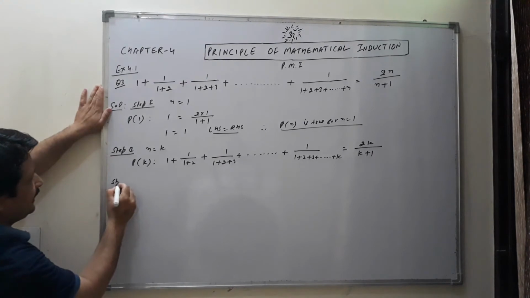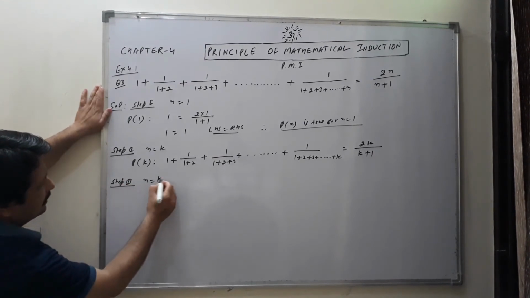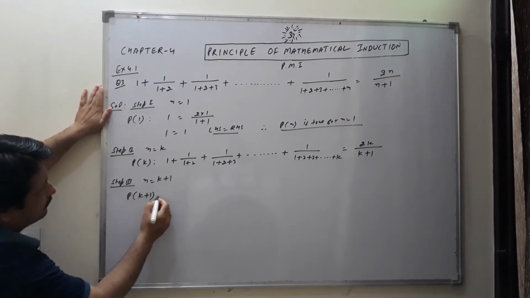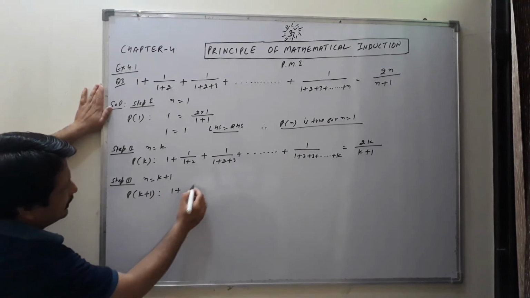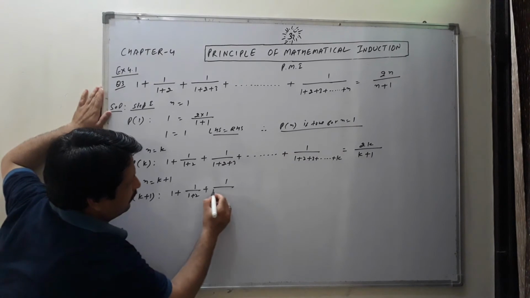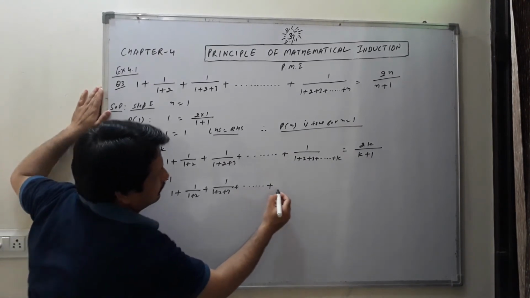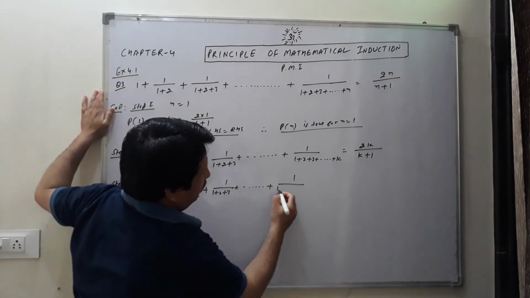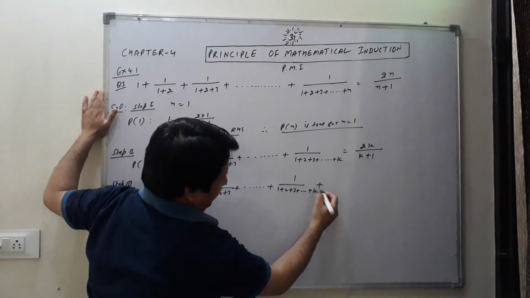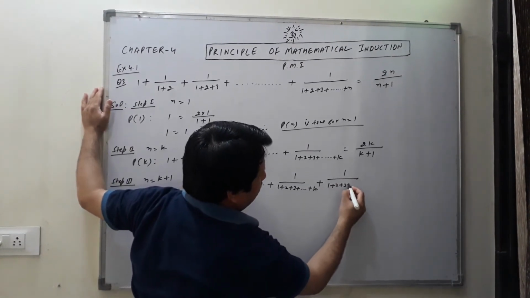Come to step number 3, that is n is equal to k plus 1. So P of k plus 1, that is 1 plus 1 over 1 plus 2 plus 1 over 1 plus 2 plus 3 plus so on, plus 1 over 1 plus 2 plus 3 plus up to k plus 1.